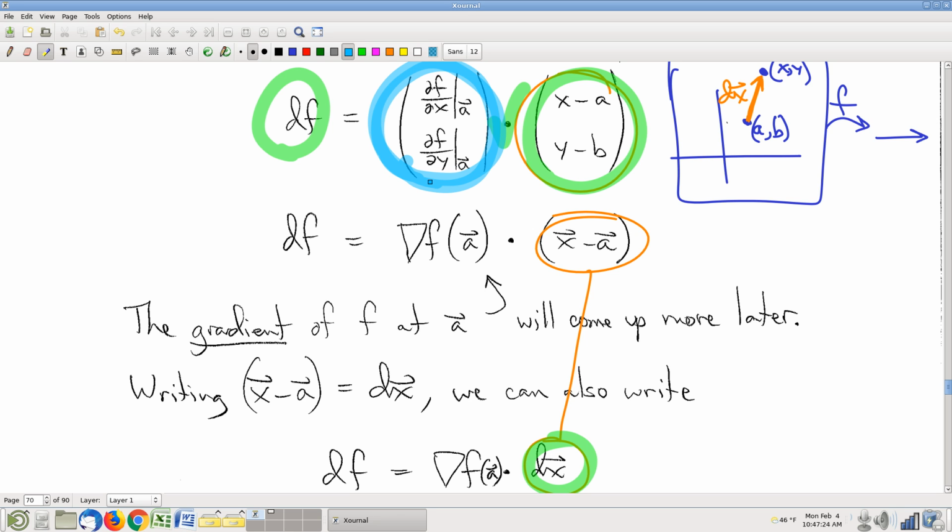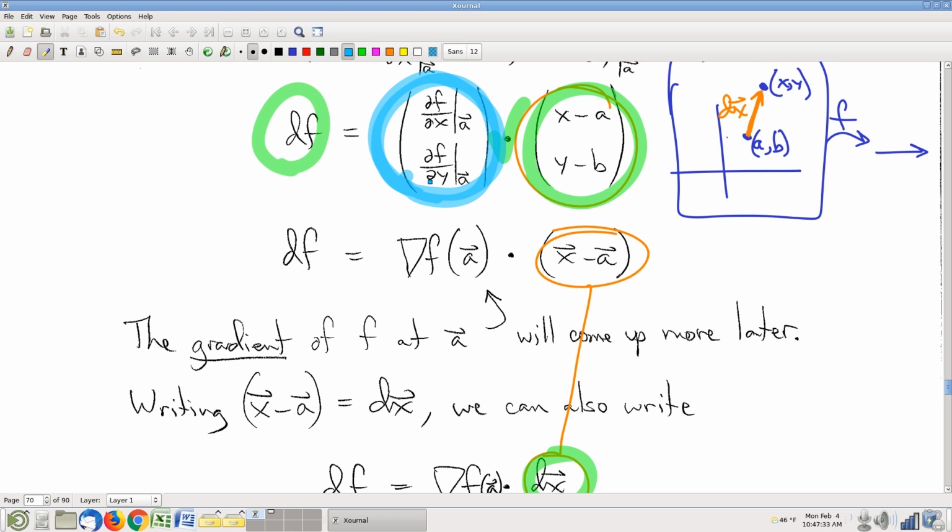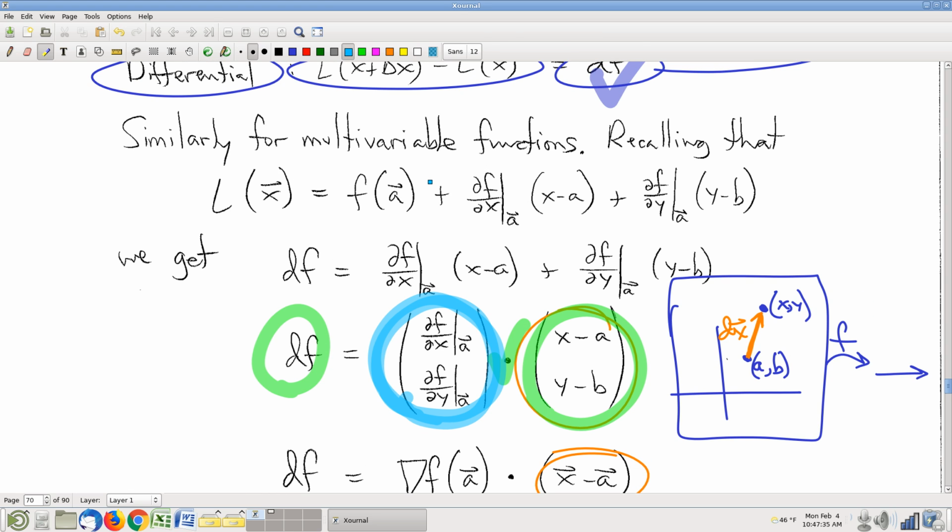It's just got to be interesting. Is df the same thing as L of x? No, df is the differential. Yeah, df is the difference between these two things. It's L of x minus L of a, which of course is the same as f of a. Okay. Yeah, right.